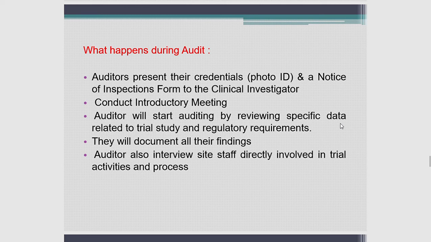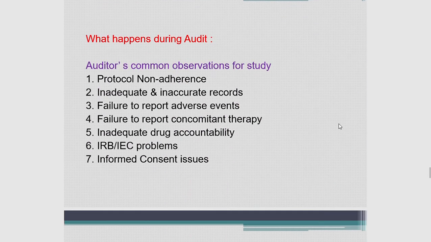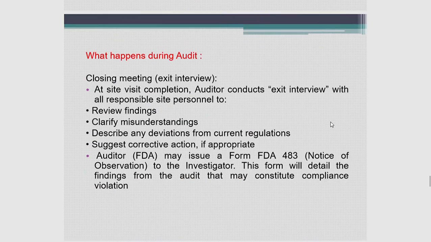Auditors also interview site staff directly involved in trial activities and processes. Auditors' common observations for the study: protocol non-adherence, inadequate and inaccurate records, failure to report adverse events, failure to report concomitant therapy, inadequate drug accountability, IRB problems, informed consent issues.